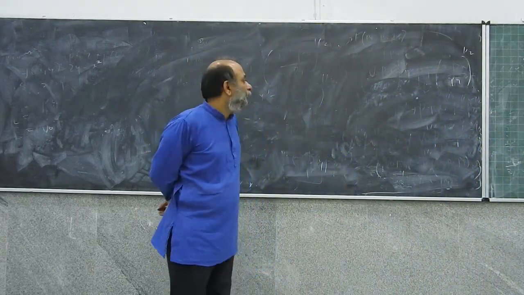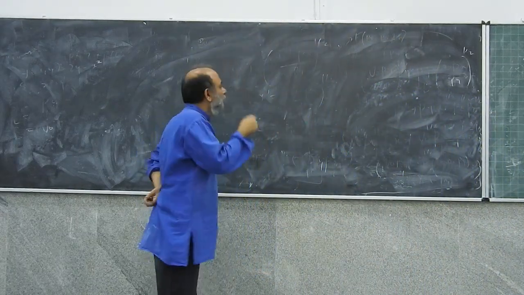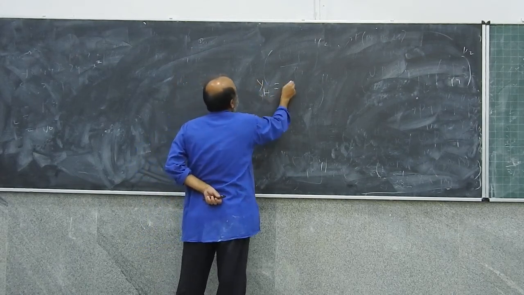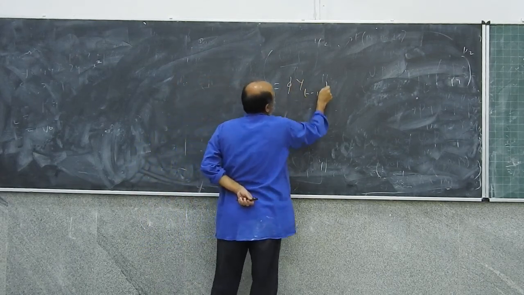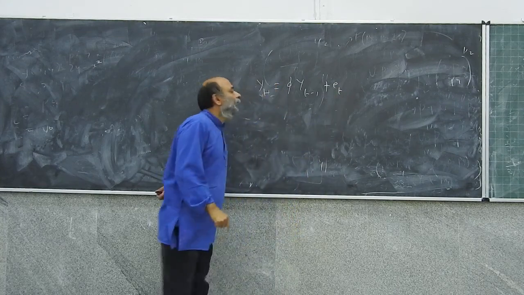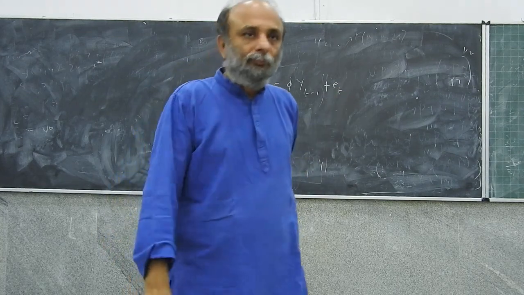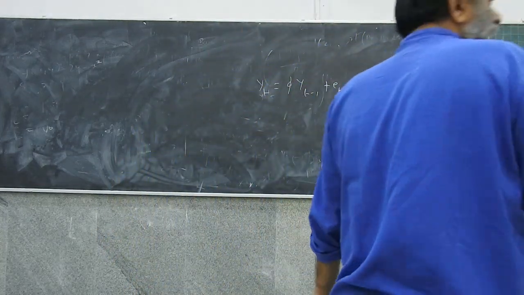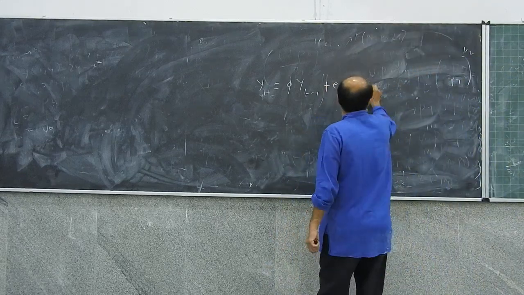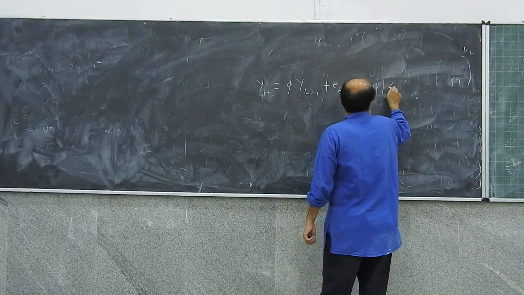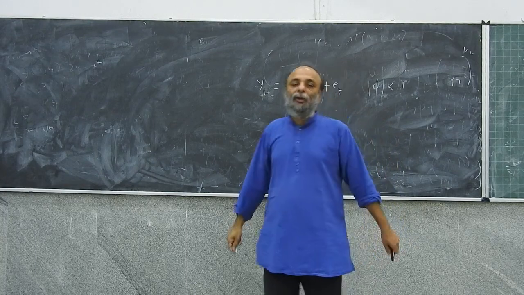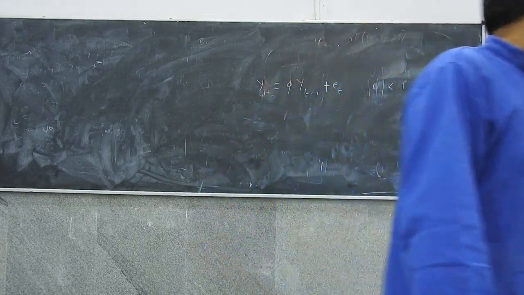Sure? So for example, take a simple case. Suppose we have y_t is equal to phi y_{t-1} plus epsilon_t, and the absolute value of phi is less than 1.